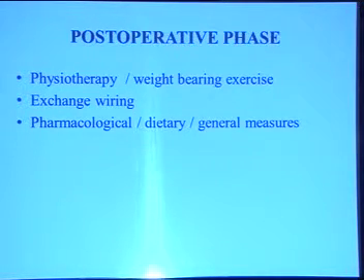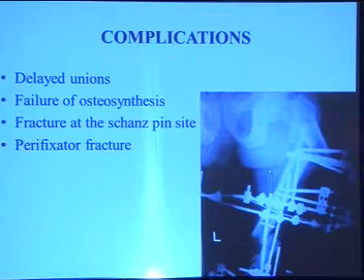And as usual, pharmacological measures, a high protein and high calcium diet, and general measures should be undertaken. The complications are delayed union, which is well known, failure of osteosynthesis, fracture at the shank pin sites, and perifixator fractures, which are a possibility.